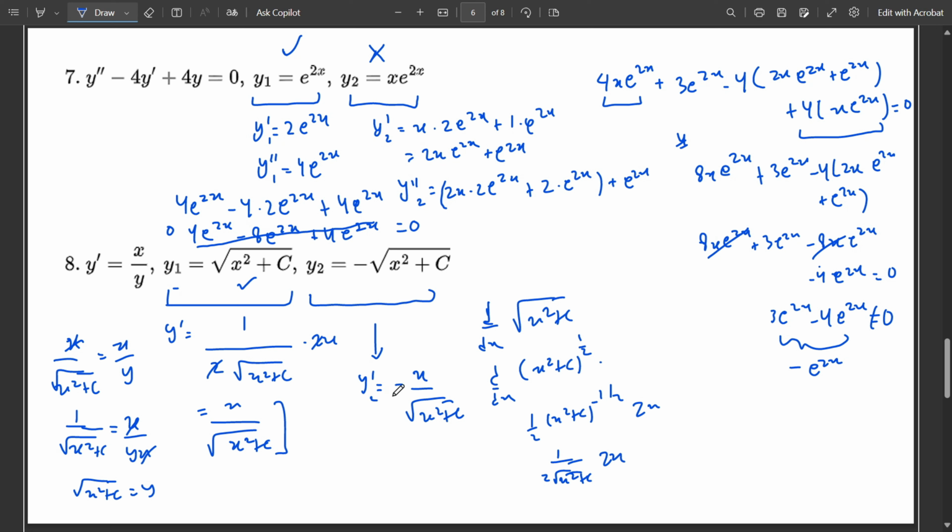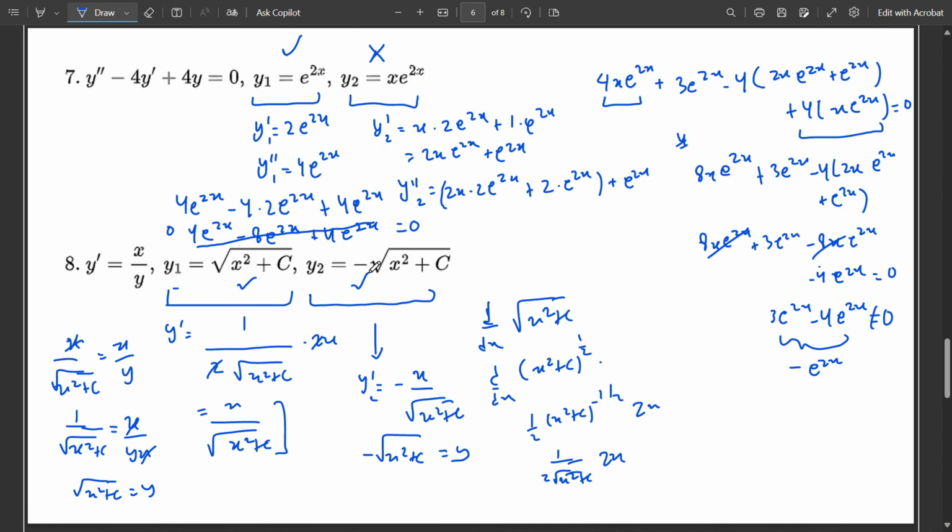From here, the x cancels out, and we have negative square root of x squared plus c is equal to y, which is correct because our y is negative square root of x squared plus c. So this is a solution also.